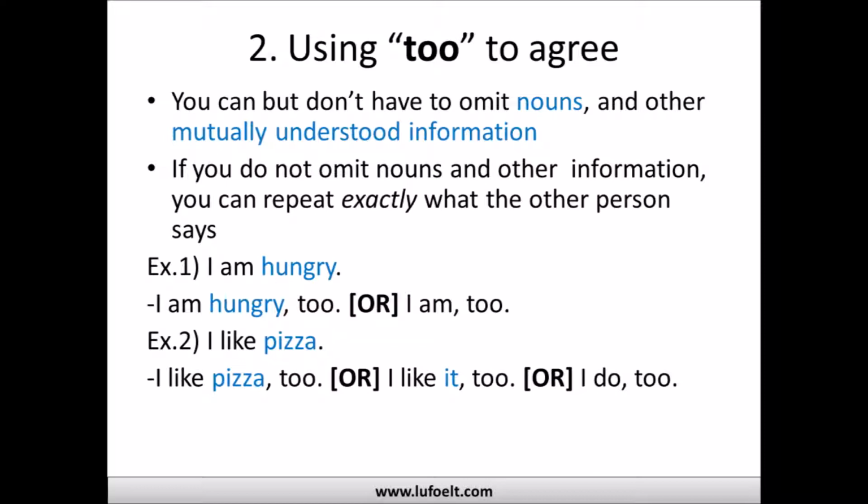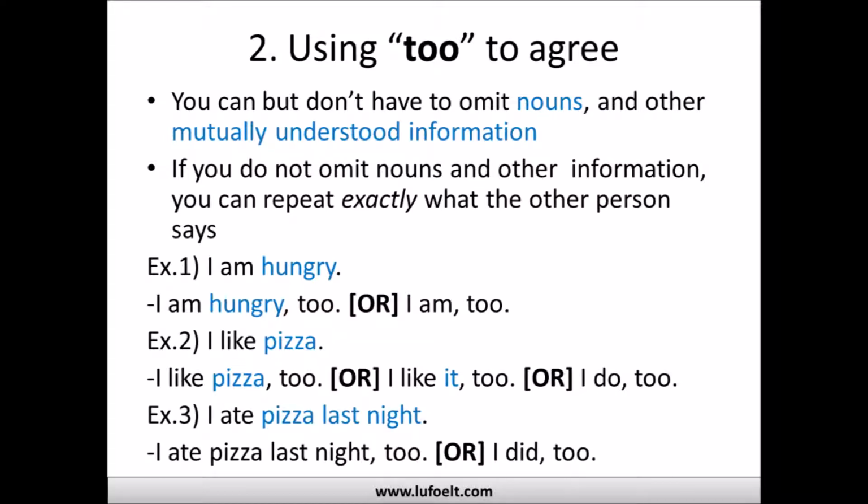What it means, it is pizza. Okay, so for the third example, I ate pizza last night. You could say, I ate pizza last night too, or I did too, like this. Okay, so these are the ways that you can agree with someone in an affirmative statement using so or too.